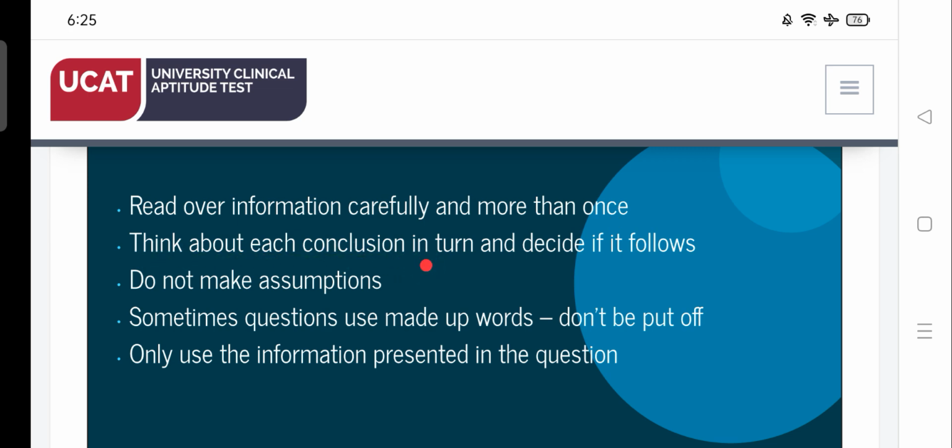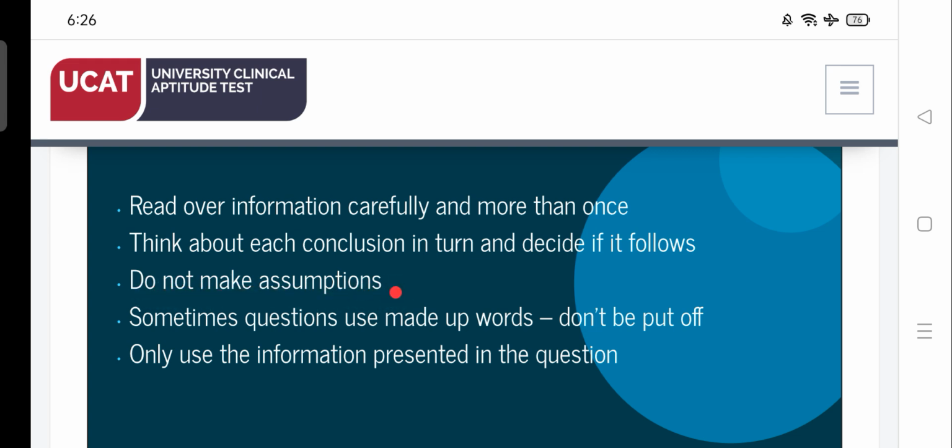Think about each conclusion in turn and decide if it follows. As I told you, 5 conclusions will be given to you, and you have to think about each conclusion. Each conclusion should be read very carefully and more than once, so you can decide if it follows the information that's given to you or not.